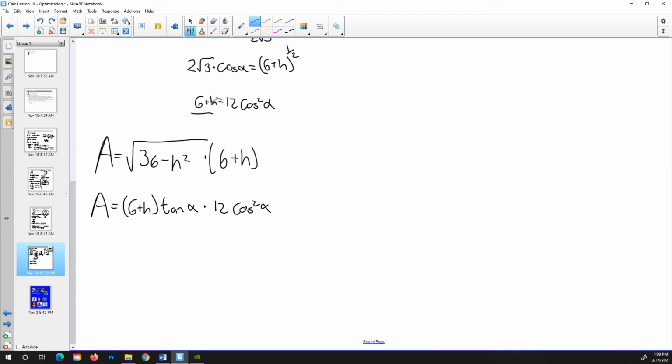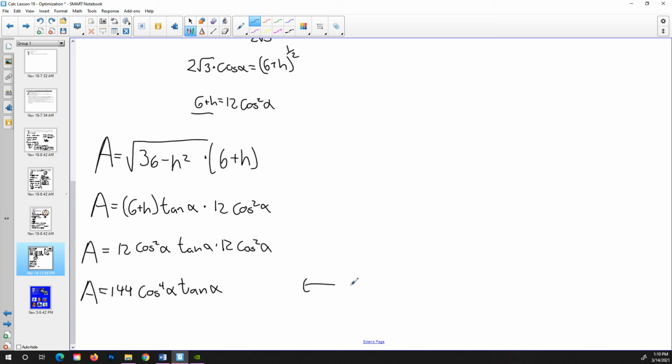So I can take this 6 plus h right here and replace it again with 12 cosine squared alpha. So I'll have A equals 12 cosine squared alpha tangent alpha times 12 cosine squared alpha. Now this can be simplified down to A equal to 144 cosine to the fourth alpha tangent alpha.